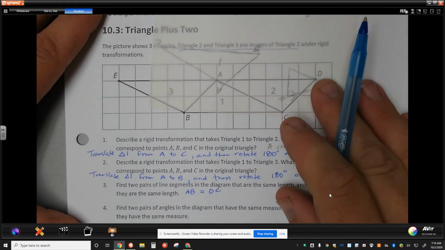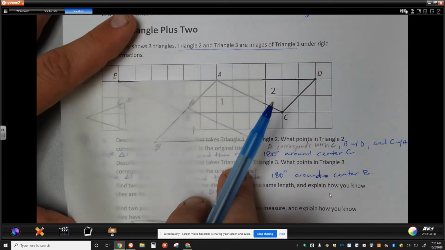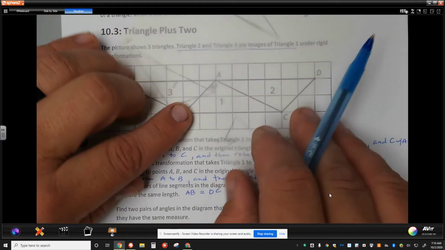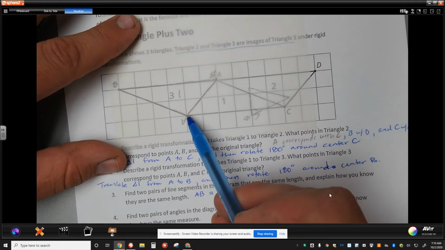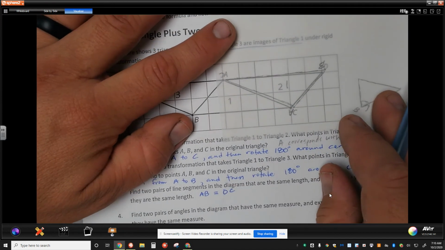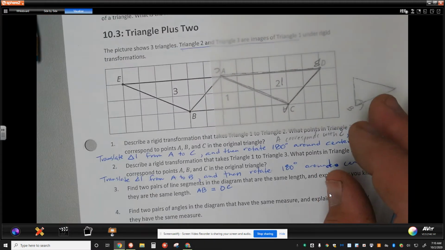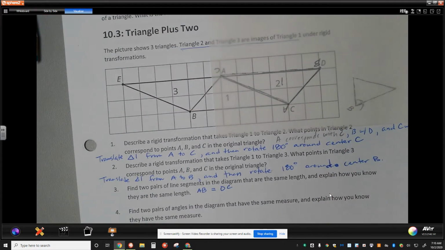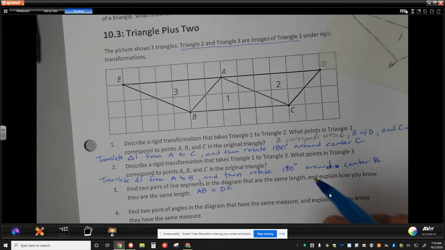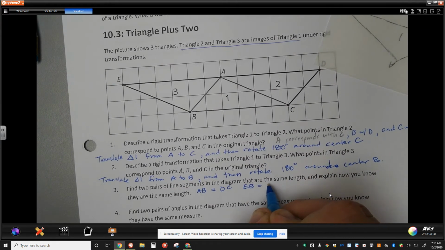Well, under rigid transformation, when I rotated this figure, translated and then rotated it under this sequence, I saw that AB maps AB. I also saw that over here, AB mapped CD. In either direction that we went, they were exactly the same. I also saw that segment EB is equal to segment AC.